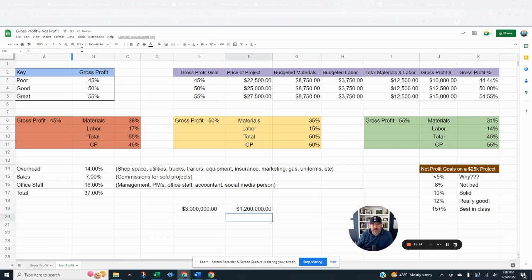But at the end of the day, they're doing 4% net profit and they have 120,000, and 100 of it they need to keep in the business to pay down debts and improve the shop and do all sorts of stuff.